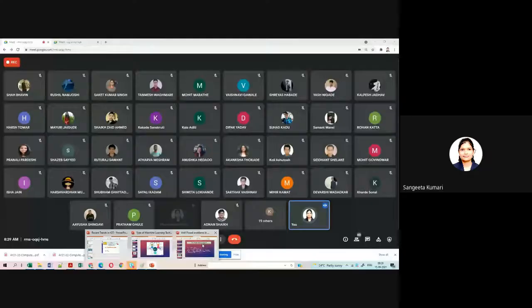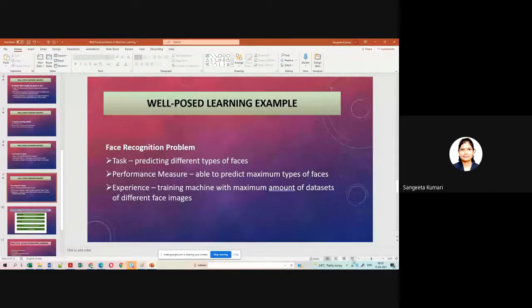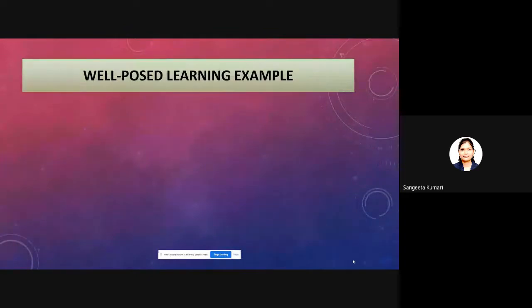Okay, so we were discussing what the well-posed problem is. I was talking about the types of problems, right? What I said is, if it is an image classification based problem or any object detection problem, right? For that, it's important to understand that my experience will completely rely on the database which we are using, right?